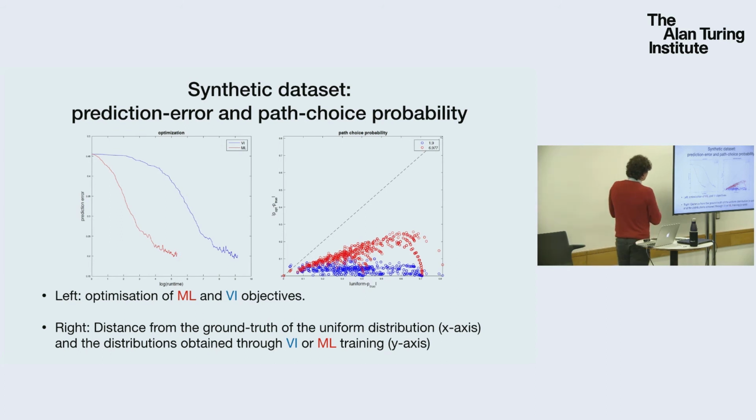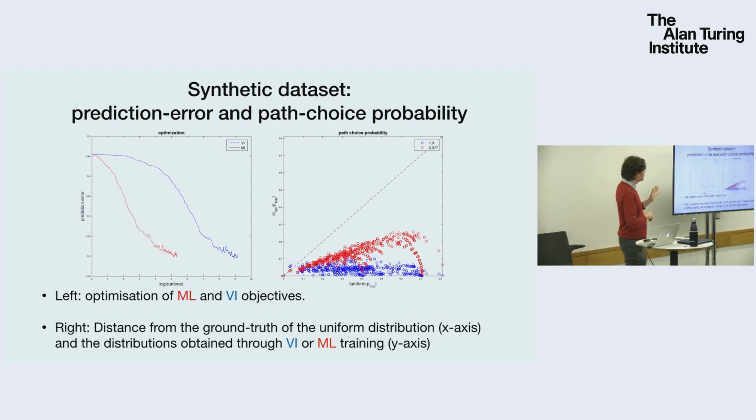The y-axis, the vertical axis, is what the methods do, and the x-axis is a dumb baseline which just returns uniform probabilities over the paths that you pre-selected. The take-home message here is if it's way below this diagonal line, then this is doing much better than a dumb uniform probability choice.